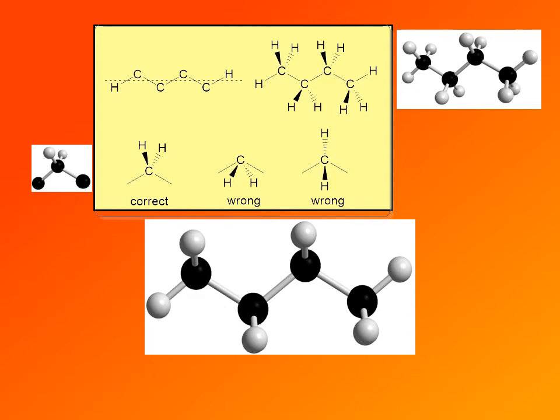Bonds that project towards the viewer and away from the viewer have to be either both up or both down. They cannot be one up, one down. That's not a tetrahedral atom. We cannot make a model from this formula, and we cannot draw this formula from a model. So the correct representation is the one on the left, or that one on the left upside down.